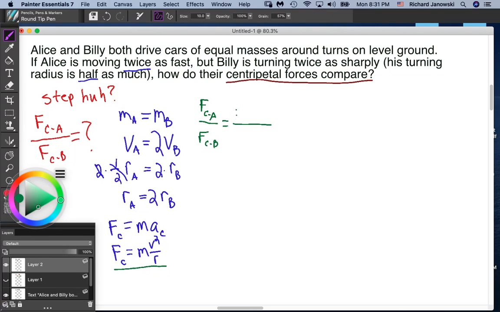So I'm going to write this. Mass of Alice, V of Alice squared over R of Alice. And on the bottom, F sub CB, well, same thing, but with B's. Mass of Billy times velocity of Billy squared over radius of Billy.